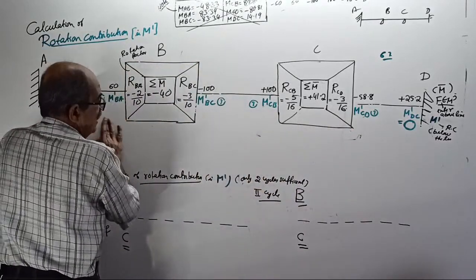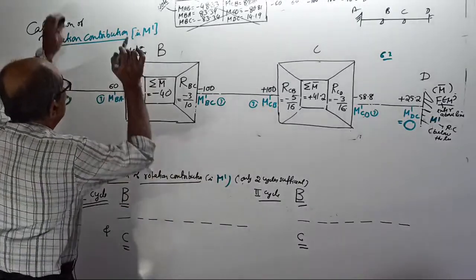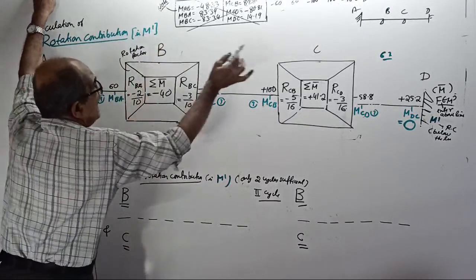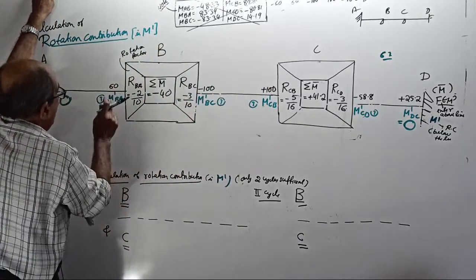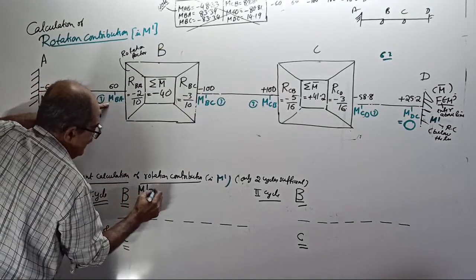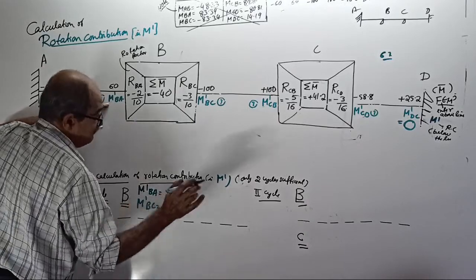Okay, now come to the most powerful part. Start. We want rotation contribution at B and C. At B, I want M dash BA and also M dash BC.